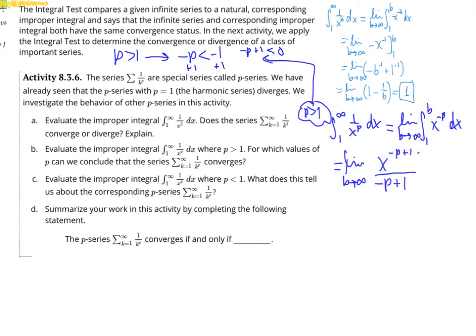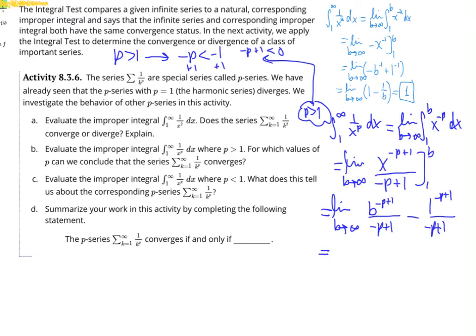All right, I'm going to evaluate this from 1 to b. I have b to the negative p plus 1 over negative p plus 1 minus 1 to the negative p plus 1 over negative p plus 1. Okay, fair enough. Remembering that negative p plus 1 is a negative number in this case, I can put this b to the negative p plus 1 downstairs, kind of like how here we had b to the negative 1 and we wrote it as 1 over b.